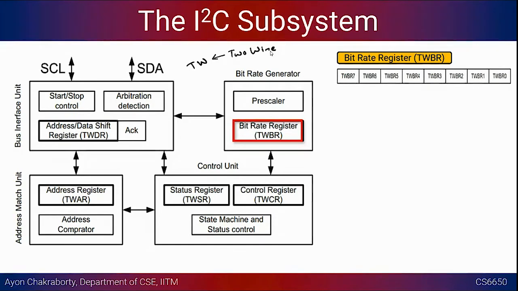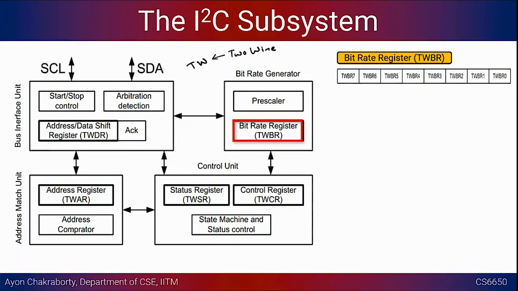There are some things like clock stretching and so on that I won't specifically talk about in this class. But what the AVR guys call the TWI interface, the two-wire interface, this two-wire name comes from these two pins, SDA and SCL, right?